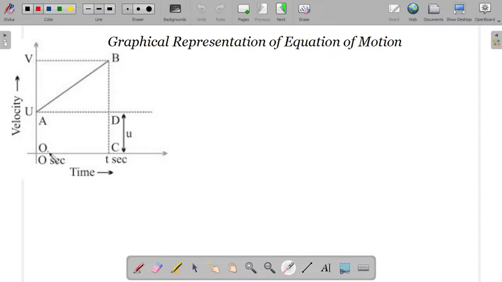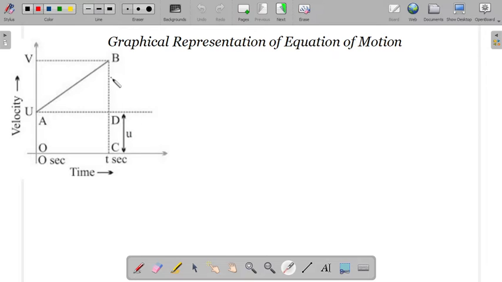This line starts from this point, where there is zero time. So this point is representing the initial velocity, and that's why it is written as U. After time t, the body reaches the velocity at point B. So here V is representing the final velocity.